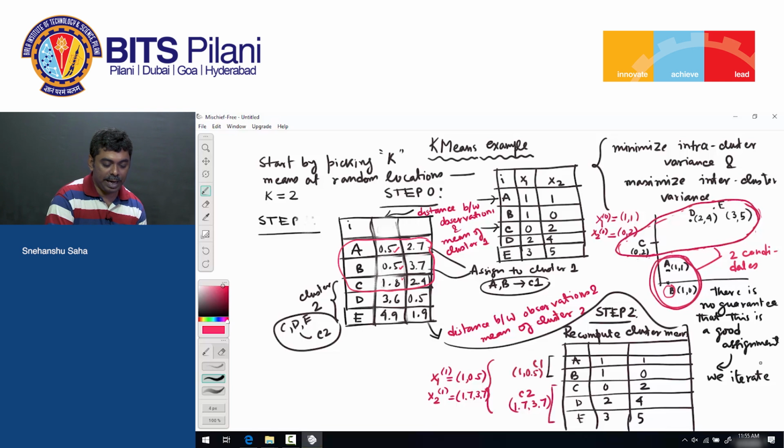That implies the coordinates corresponding to those should belong to cluster 1. However, in the 4th row and 5th row, the lowest values appear in the second column, and therefore D and E are now reassigned to cluster 2.